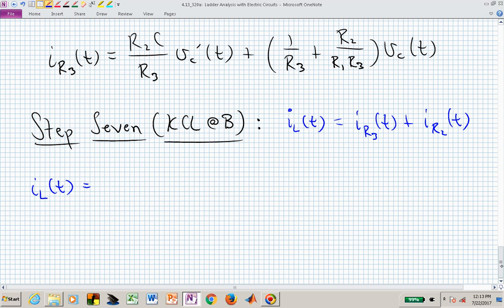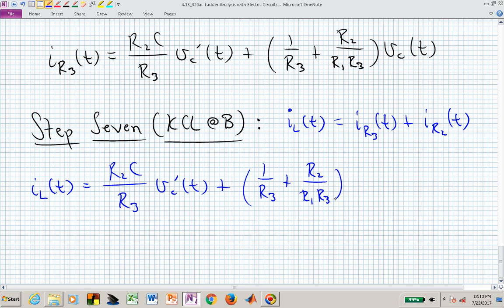That was just the line above. So we now have R sub 2 C over R sub 3 V sub C prime of t plus 1 over R sub 3 plus R sub 2 over R sub 1 R sub 3 V sub C of t plus I sub R sub 2, which better be C V sub C prime of t plus V sub C of t over R sub 1.